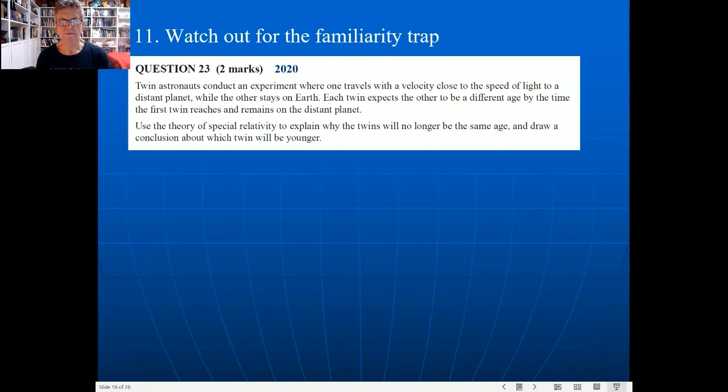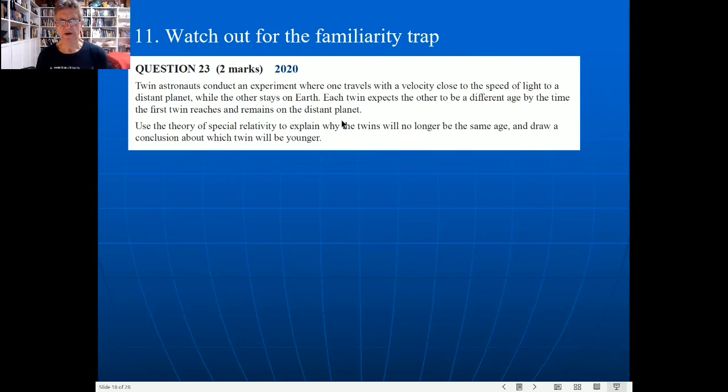we'll move on. Another one is familiarity. Now, when I first read this question on the 2020 paper, I saw the start, twin astronauts and special relativity and so on. I just thought, oh, it's going to be a question about the twins and the paradox about how they age. But when you start reading it, it's not about that, because the twins don't come back to Earth.